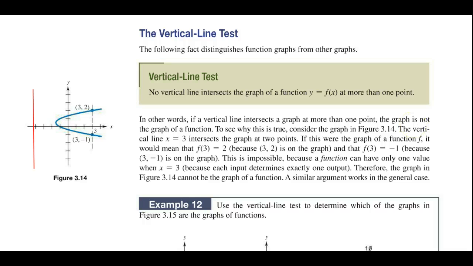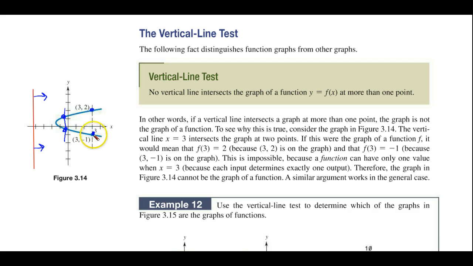And the way it works is you take a very thin imaginary line, which I'm calling this red line here, and move it over the face of the graph. Well, this is a sideward parabola. Now, as this line comes over this graph, does it intersect this graph in more than one place? Well, yes, it's intersecting it here and here, and here the one they're showing you is there and there.